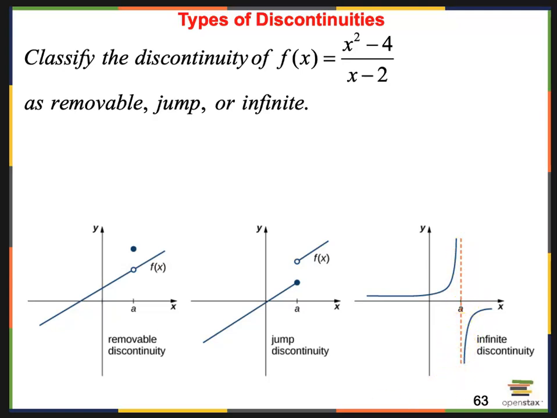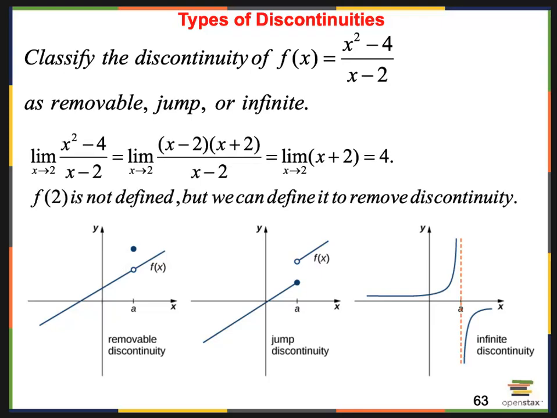All right, so let's look at our function that we have up here. So plug the 2 in to start with, and you notice we'll get 0 over 0, so we can factor the numerator. That cancels this x minus 2, and so we would end up with a limit equal to 4. But think about f of 2 is not defined, right?